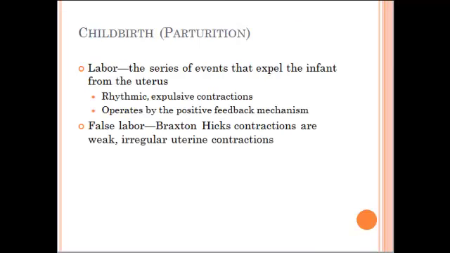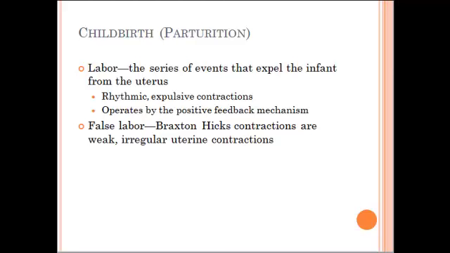Then finally there's the childbirth, and we call this parturition, the actual moving the child through the birth canal and out, being born. So this is called labor. This is an involuntary action, involuntary rhythmic muscular contractions of the uterus to expel the baby from the womb.